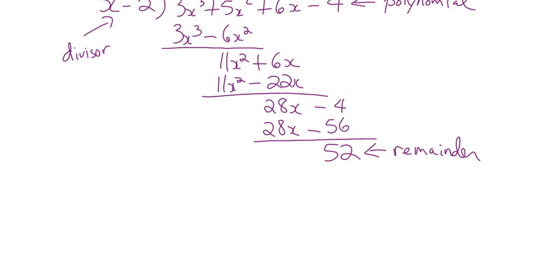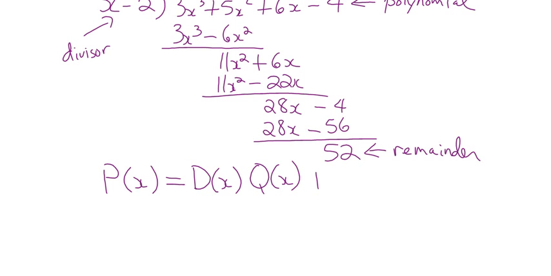And we can write that in function notation as a polynomial in x is equal to the divisor in x times the quotient in x plus the remainder, which, note, does not have an x, because the remainder is a constant in this case.